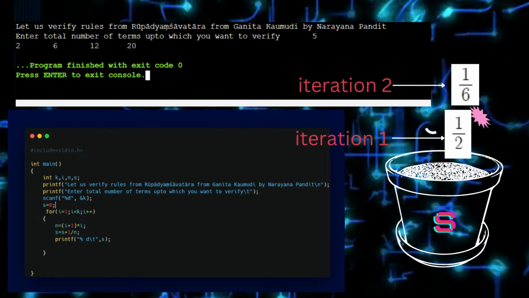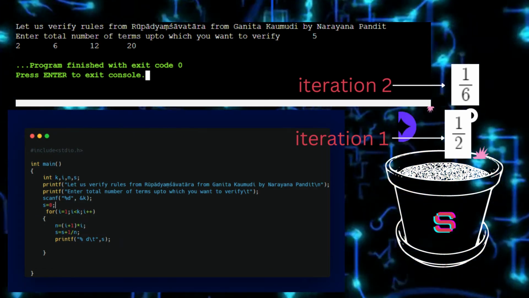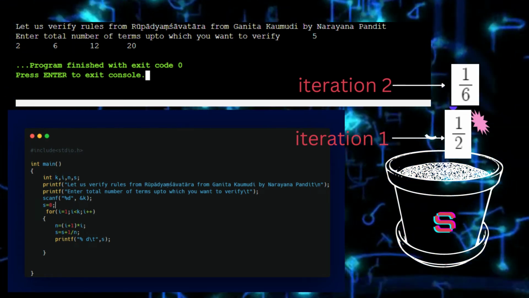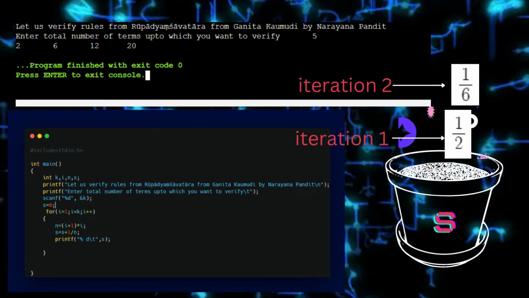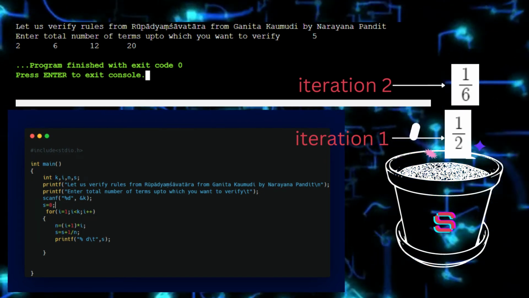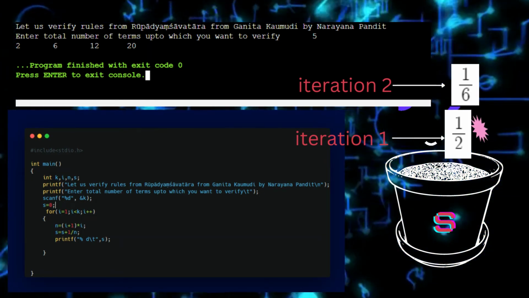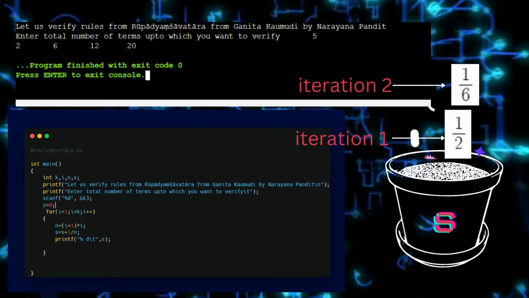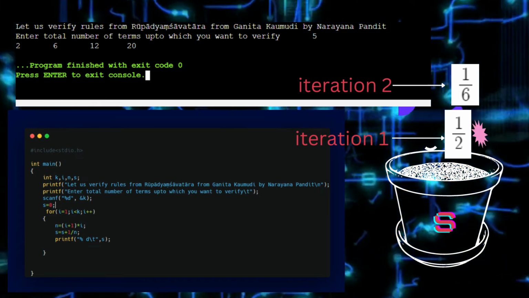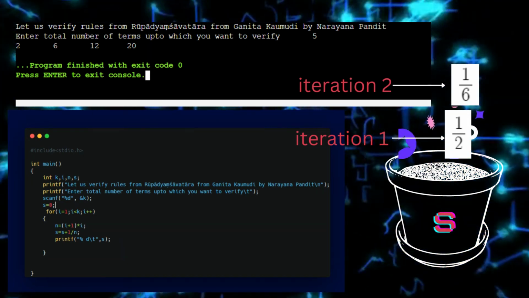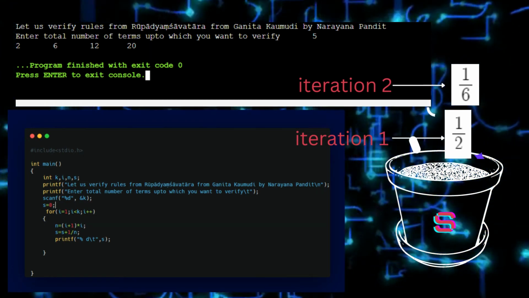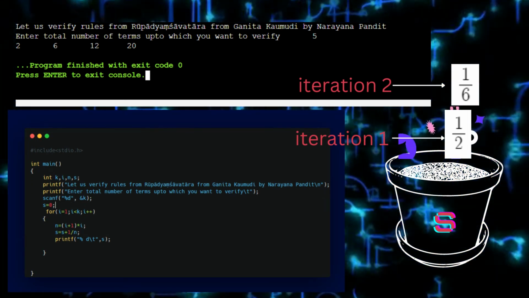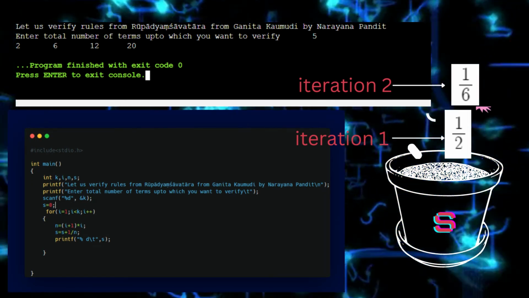Assume that s is an empty bucket. Since s is initialized to 0, in every iteration one new value will be added to s. With the very first iteration, 1 by 2 will be added. In the next iteration, 1 by 6 will be added into that same pot. This is why we do s equal to s plus 1 by n.